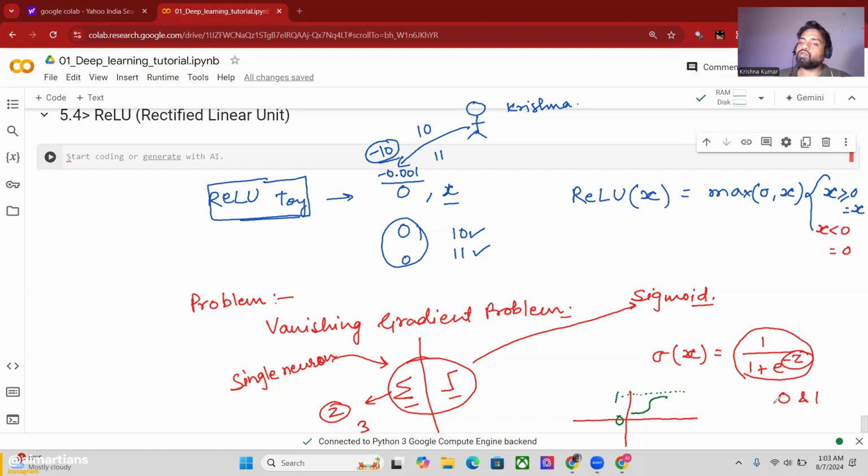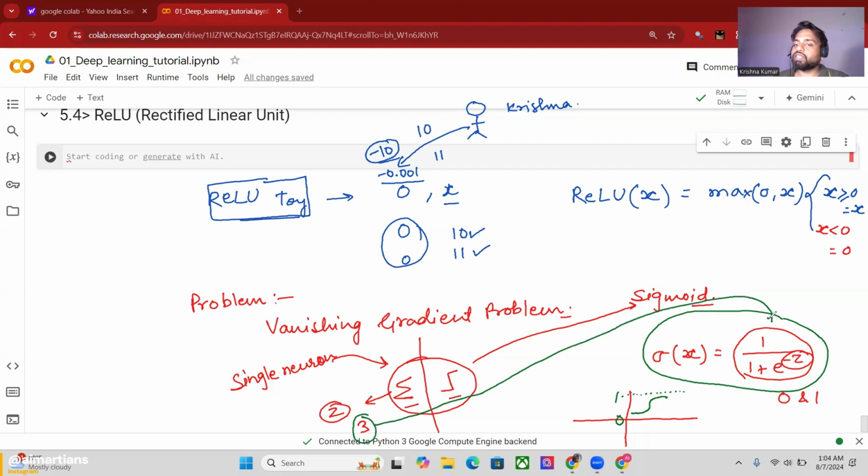So whatever value I provide to this activation function, it simply transforms it. Let's say this 3, if I supply it to this activation function, it will convert it between 0 and 1, and that value lies between 0 and 1 on this graph. So this is nothing but a sigmoid graph.